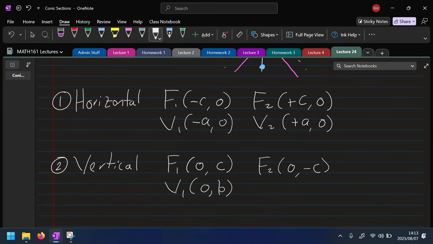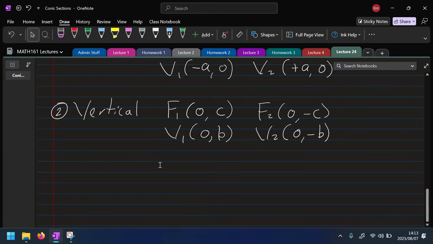Because it goes with y, so we use b for the top one, and then v2 is (0, minus b) for the bottom one. Okay, so depending on which orientation you have, you either use the horizontal one for the vertices and focal points on the left and the right, or if it's vertical, you use the vertices and the focal points for the top and the bottom.